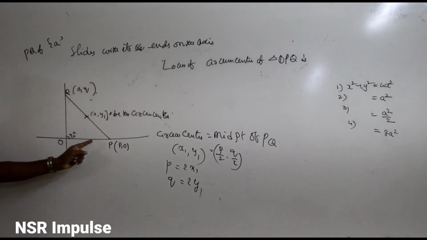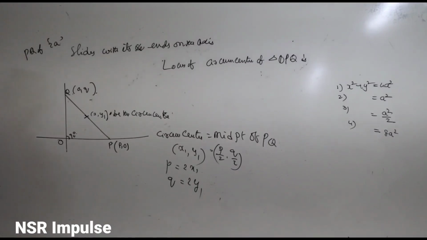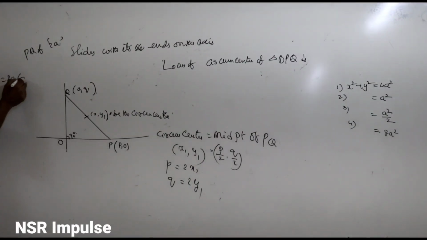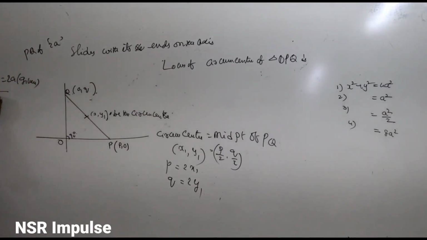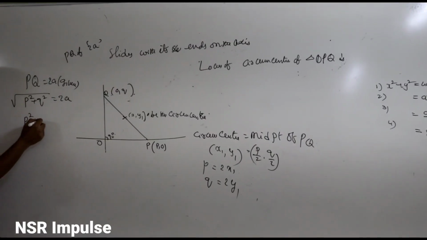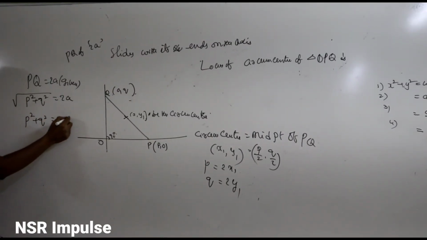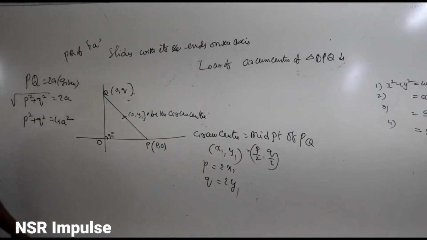And the length of PQ is given. PQ is equal to 2a. PQ means the distance between these 2 points, that is root of P square plus Q square is equal to 2a. Squaring, P square plus Q square equal to 4a square, where P is 2x1.